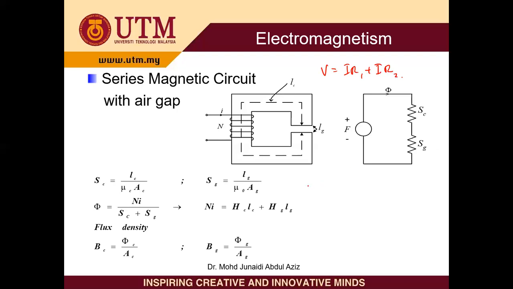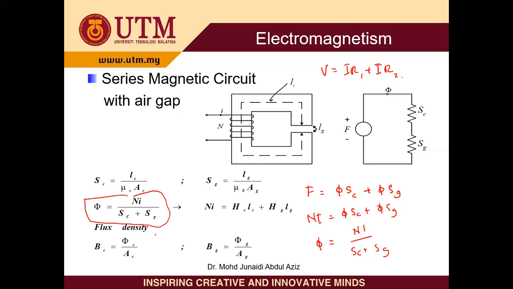So the same one: F is flux multiplied with S core plus flux multiplied with S gap. Since F is Ni, we can write Ni as flux Sc plus flux Sg, as shown here.